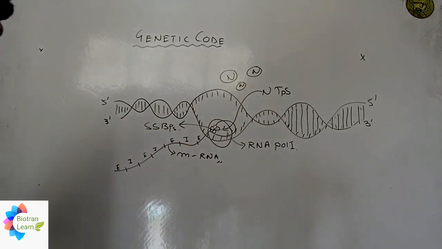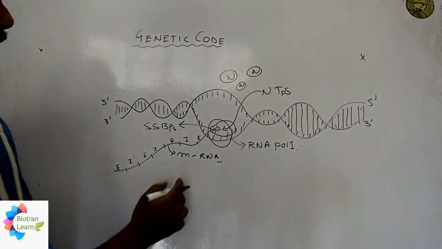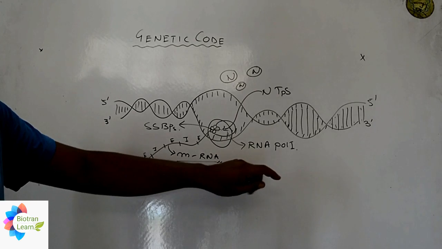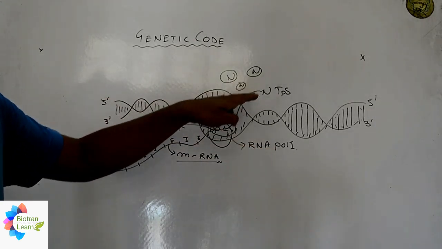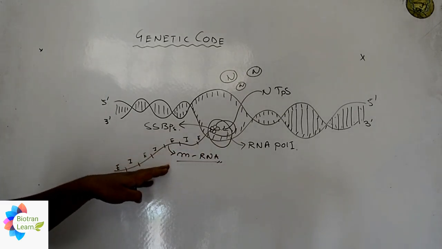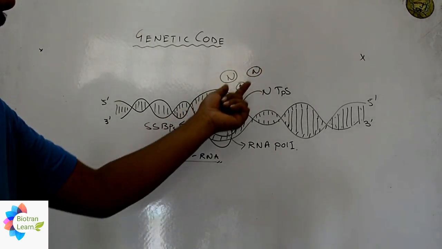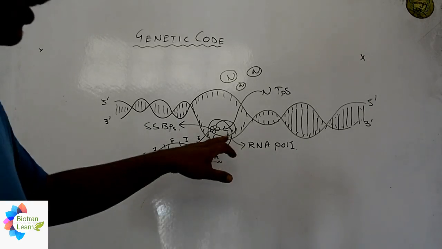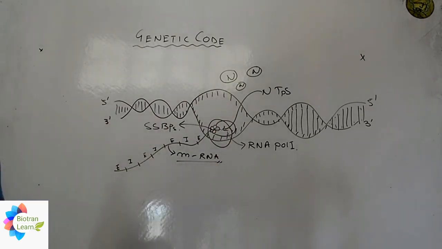In transcription, certain NTPs bind to this section to produce that particular mRNA. So how do these NTPs sit against a particular base in this section?